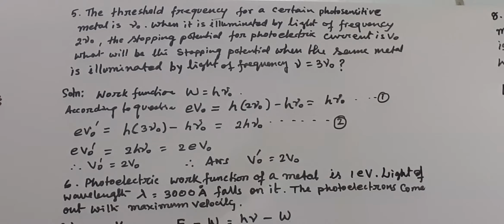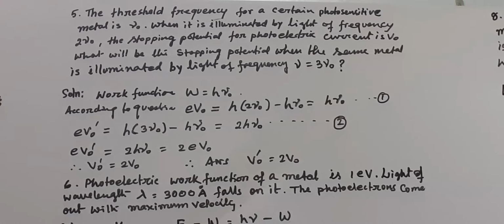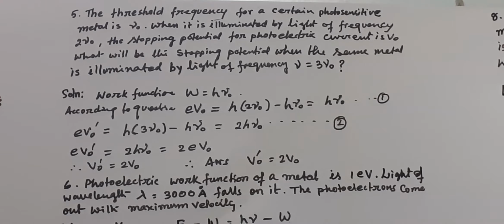Question number 5. The threshold frequency for a certain photosensitive metal is nu naught. When it is illuminated by light of frequency twice nu naught, the stopping potential for photoelectric current is V naught.